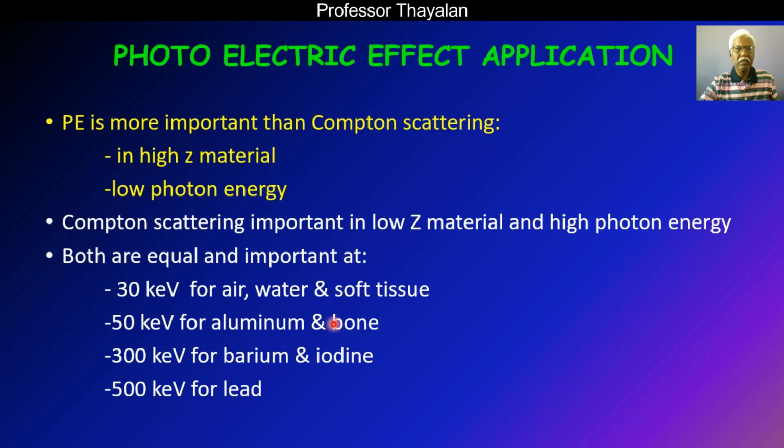What are the applications of photoelectric effect? Photoelectric effect is more important than Compton scattering in high Z material and at low photon energy. In contrast, Compton scattering is important in low Z material and at high photon energy. Both are equal and important at 30 kilo electron volt for air, water and soft tissue, 50 kilo electron volt for aluminum and bone, 300 kilo electron volt for barium and iodine, and 500 kilo electron volt for lead.